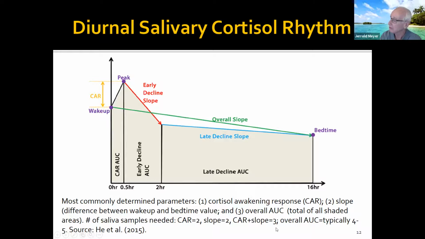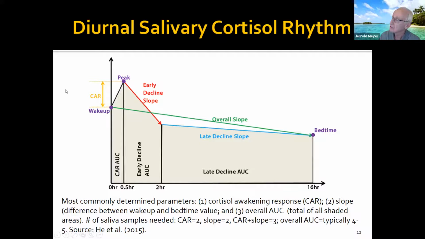You can also get the overall area under the curve. Area under the curve is a good concept to be familiar with, whether it's in endocrinology like here or in pharmacology. If you're doing drug research, for many years I was doing pharmacology of various drugs of abuse. So we might want to inject an animal with a drug and then collect blood samples at various times and look at the rate at which the drug peaked and how it declines.